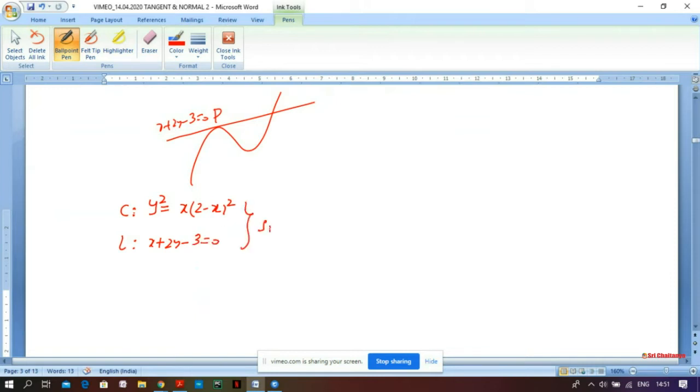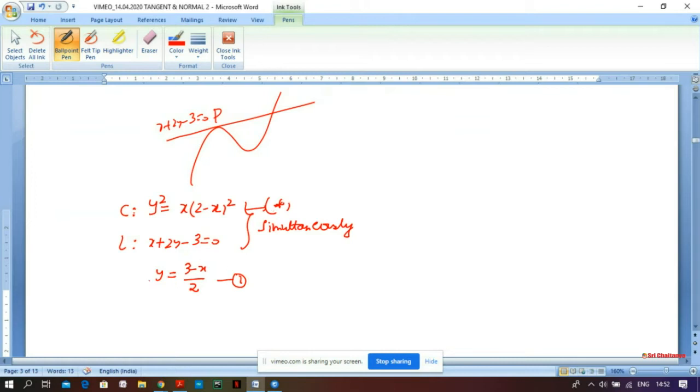So you have to solve them simultaneously to find the value of x, which means you have to eliminate one variable. Here y is easy to eliminate. From here I get y as (3 minus x)/2, and I can put this y back in the equation star.